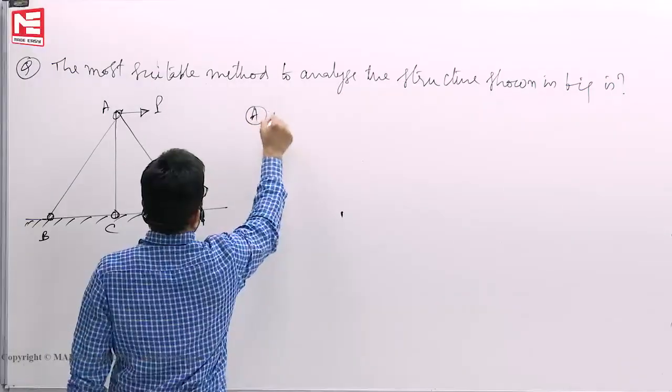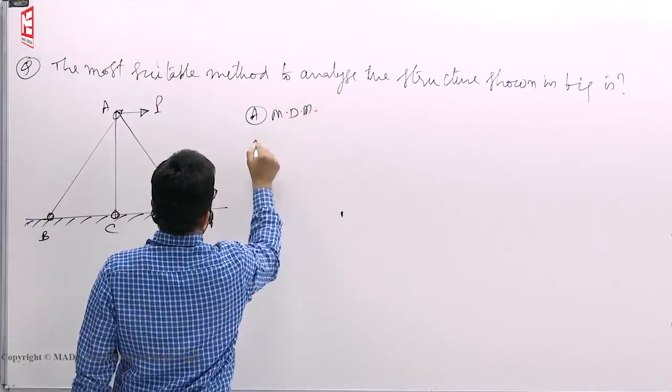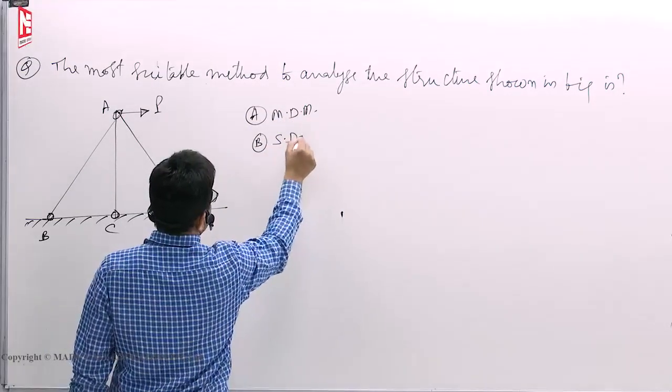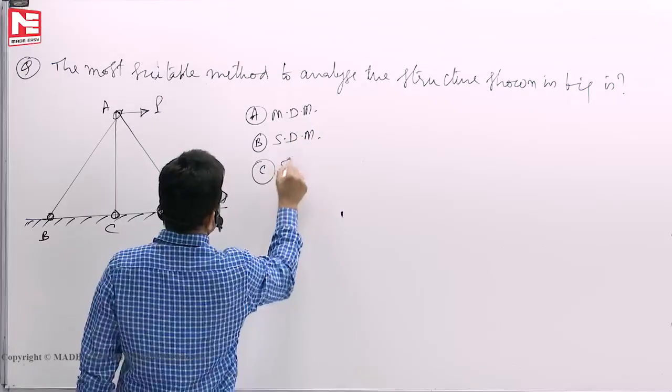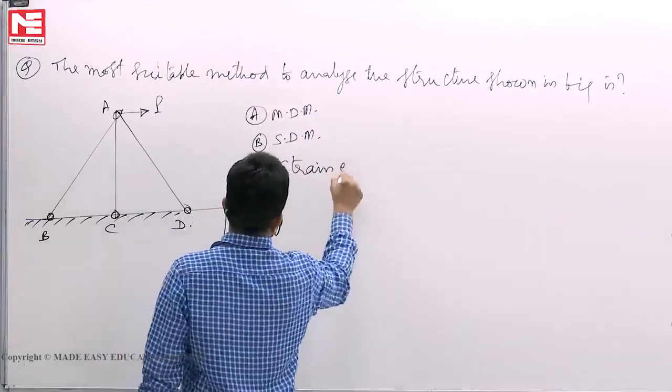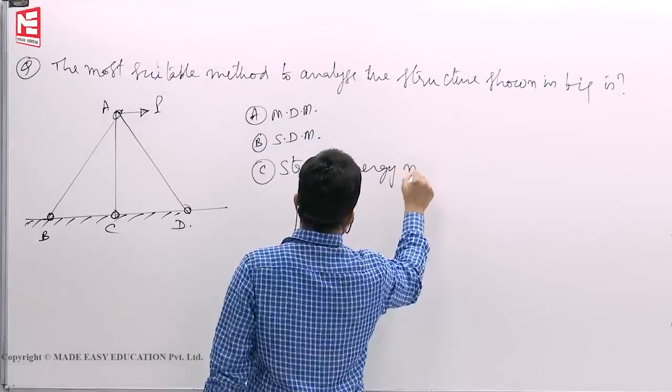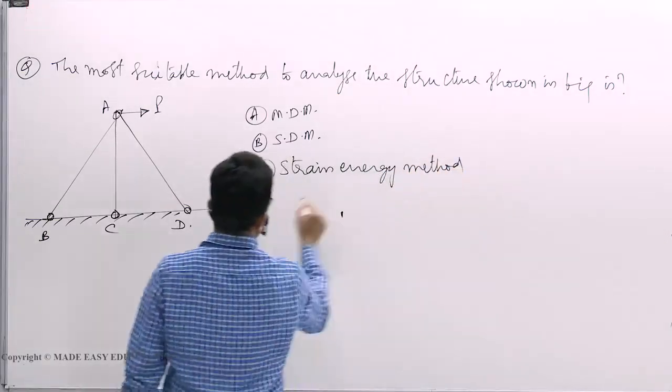First one is MDM. Second one, slope deflection method. Third one, strain energy method. None.